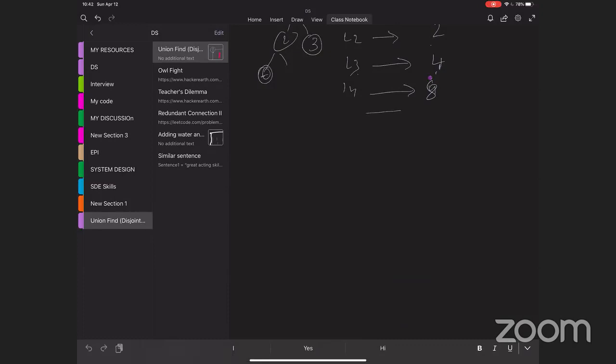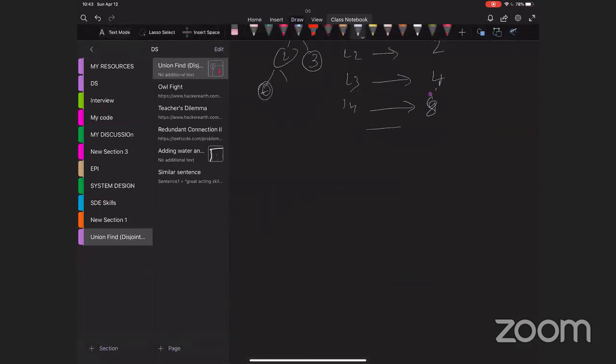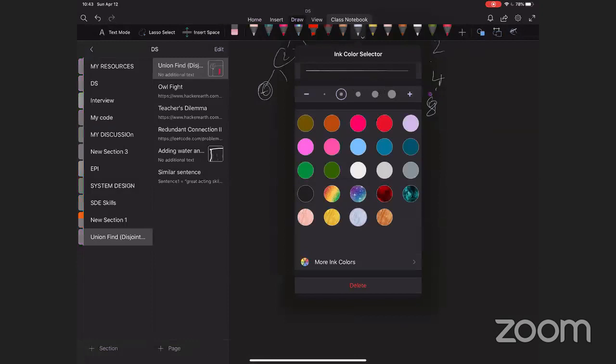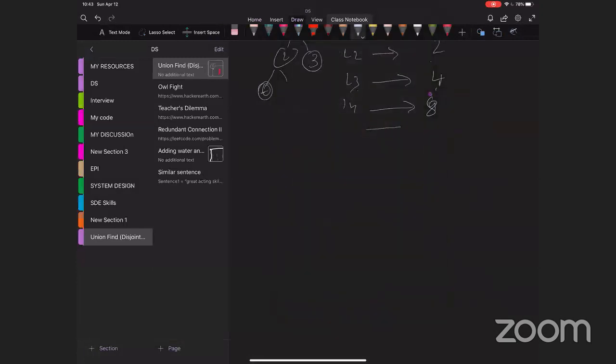So what improvement did we make now? Find and search quicker. Let me write it down. Initialize is the same, we didn't change anything. There are basically operations called union, find, and connected, whether two nodes are connected or not.